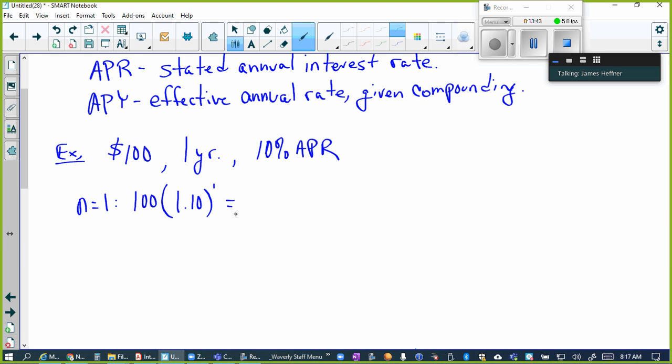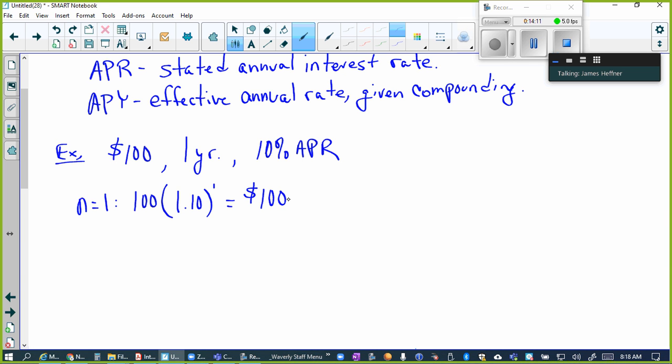How much money will you have at the end of that year? What's 10% of $100? $10. So we're getting an extra $10, right? So we end up with $110, the 100 we had in there plus the other $10 the account earned.